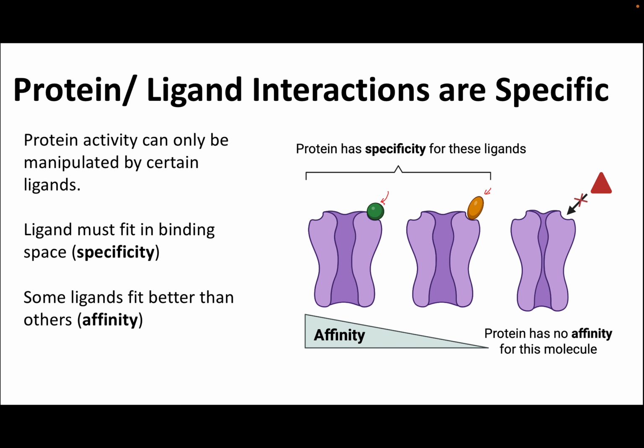So the rule of thumb here, just to throw this in while we're talking about it, is that ligands with a higher affinity will bind more readily to a protein.